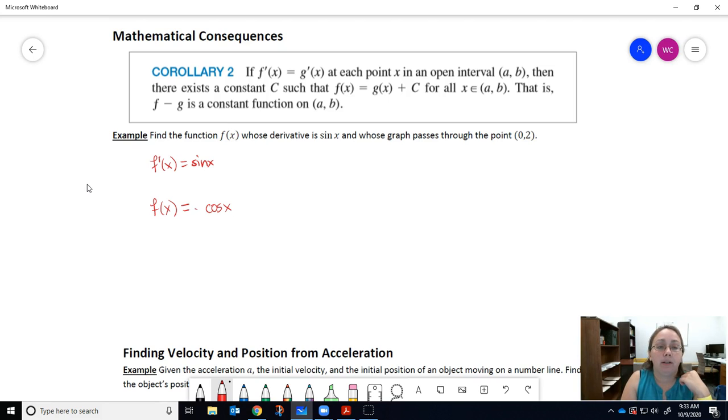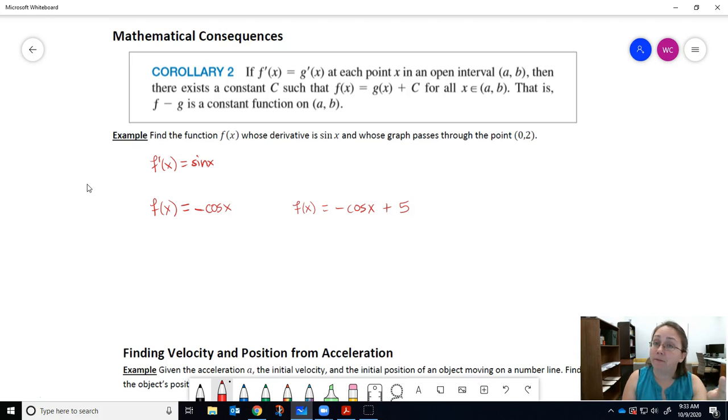All right, what if I put a negative on the cosine? So the derivative of negative cosine, well, the derivative of cosine is negative sine, and then this negative makes it positive. There you go. That is one possibility of what we call the antiderivative of sine of x. But we have another possibility. For example, if I say f of x equals negative cosine of x plus a number, maybe 5, would that work?